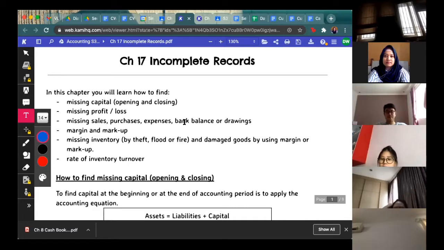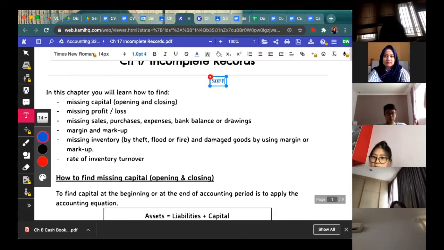Okay? So, to be able to study incomplete records, you have to understand well the SOFP, statement of financial position. You must remember that. If you don't remember, please recall again.